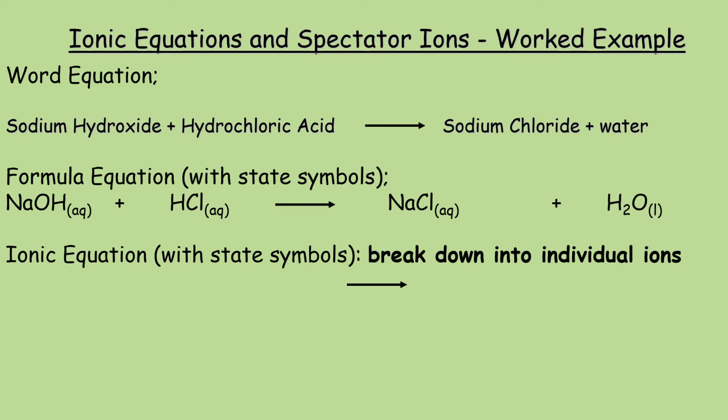Now you can see we've also included state symbols here. Sodium hydroxide would be dissolved in water. It's an alkali, it's a solution. So is the acid. Okay, at the end of the process, you would have liquid water, and the salt would be dissolved in the water. So the salt in this case is sodium chloride. It would have the state symbol AQ, which you can see on the screen here.